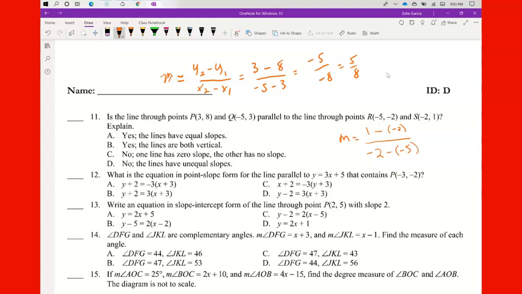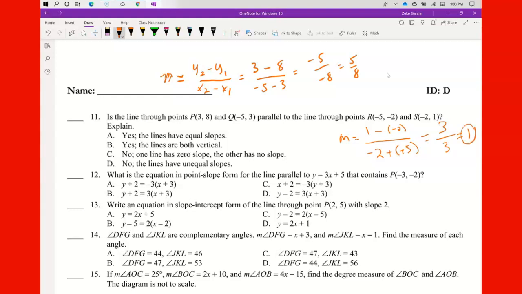So let me stop. 1 minus -2 is going to give you 3. And in this case, we have -2 minus -5. That's going to be also positive, and that's 3. So 3 divided by 3 is 1.